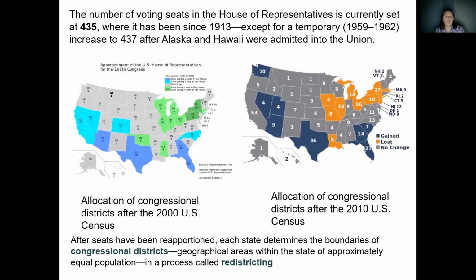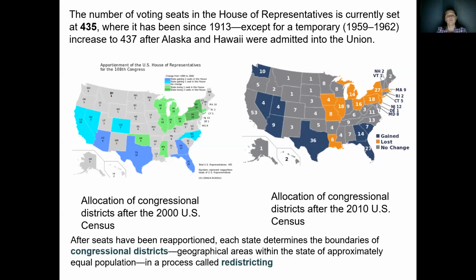The number of voting seats in the House of Representatives is currently set at 435. It has been this since 1913, except for a temporary change in 1959 after Alaska and Hawaii were admitted into the Union.